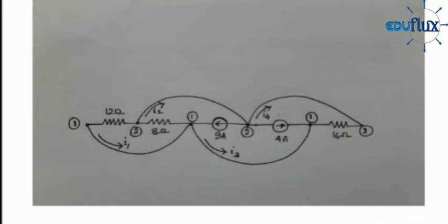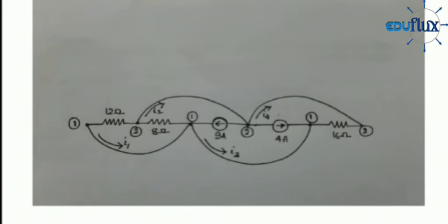So we can say that they are in parallel. Similarly, if you take a closer look at the current sources, the 9 ampere current source and the 4 ampere current source, these two are also connected between node 1 and node 2, right? So after giving these node numbers, we can clearly visualize the circuit.